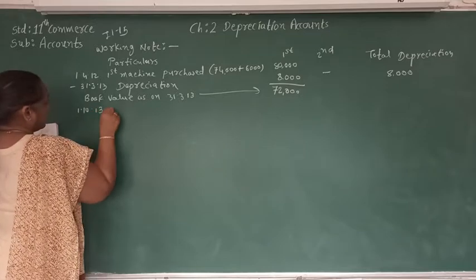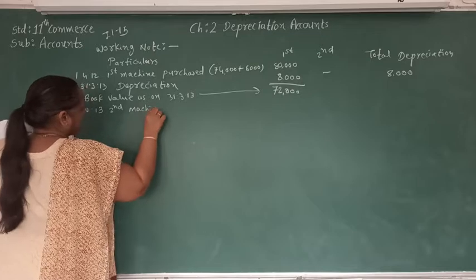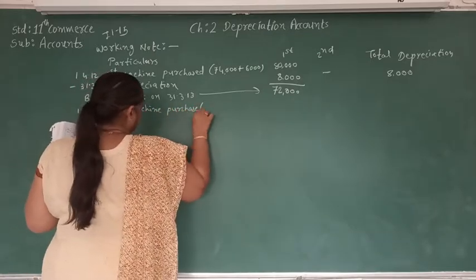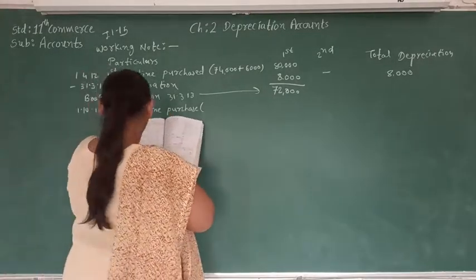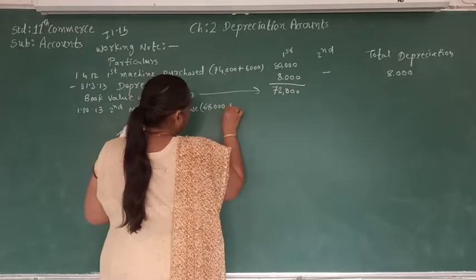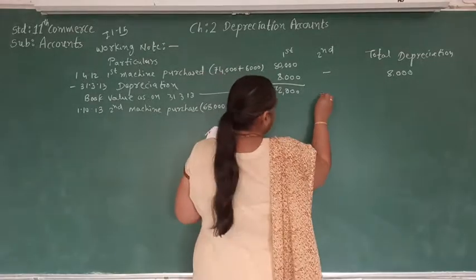Now the second machine is purchased 6 months after this, that is on 1/10/13. Second machine purchase, and the cost price of that machine will be 68,000 plus 4,000, so that will be 72,000.